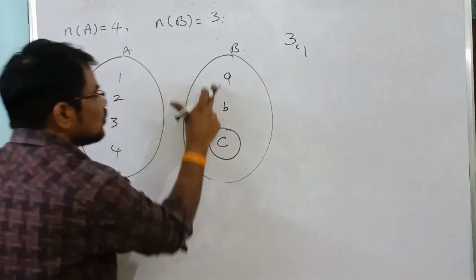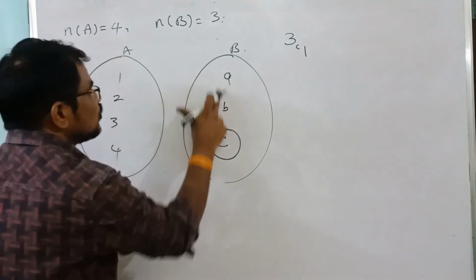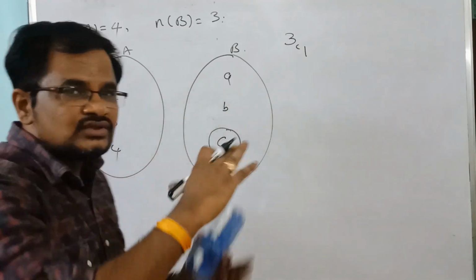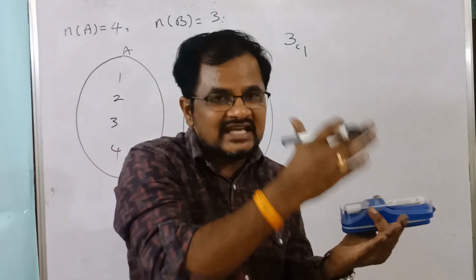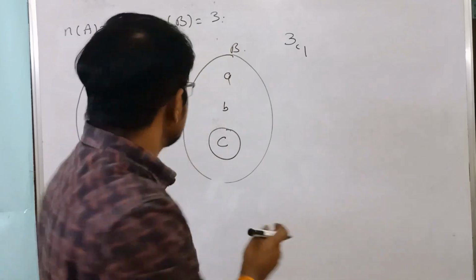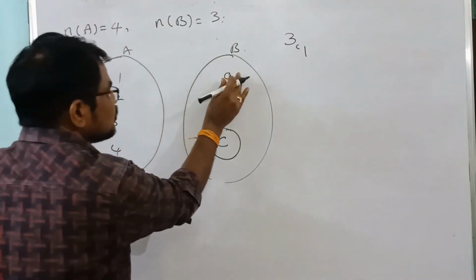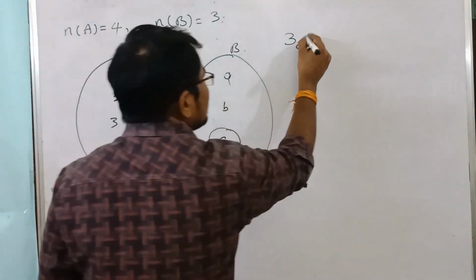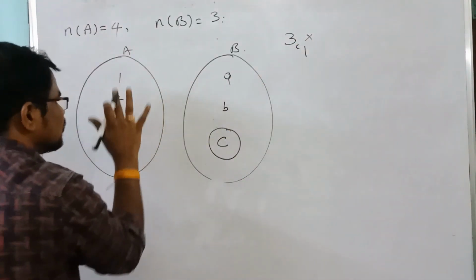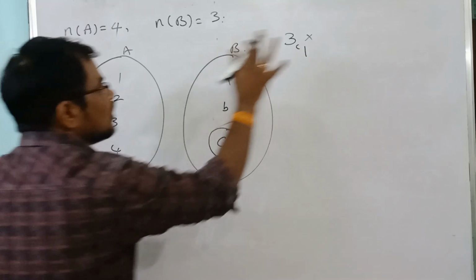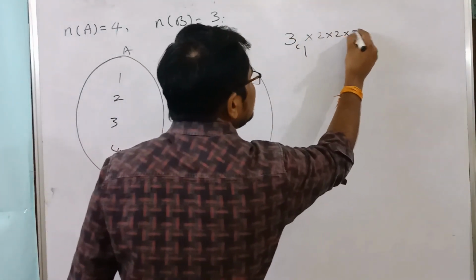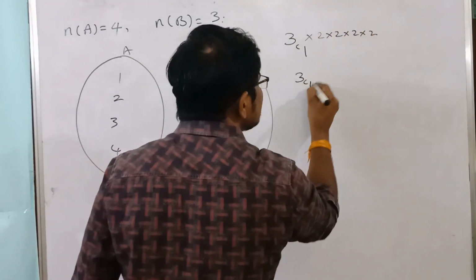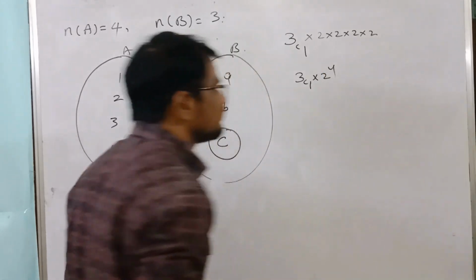For 2, 2 images are there. For 3, 2 images are there. Same concept as where we found the number of functions: for 1, 2 choices are there to take images, for this one also 2, for this one also 2, for this one also 2. So 2 into 2 into 2 into 2. That is equal to 3C1 into what? 2 to the power of 4.